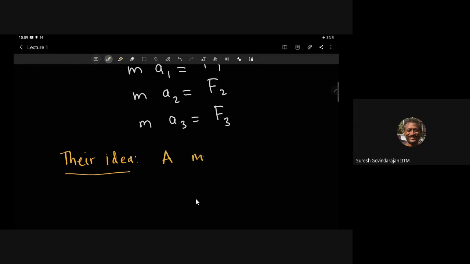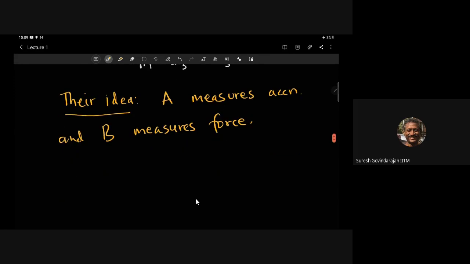Okay, so this is what they want to verify. Their idea: A measures acceleration and B measures force. So they'll get a triplet of numbers. A gets A1, A2, A3, three numbers, and B gets F1, F2, F3.